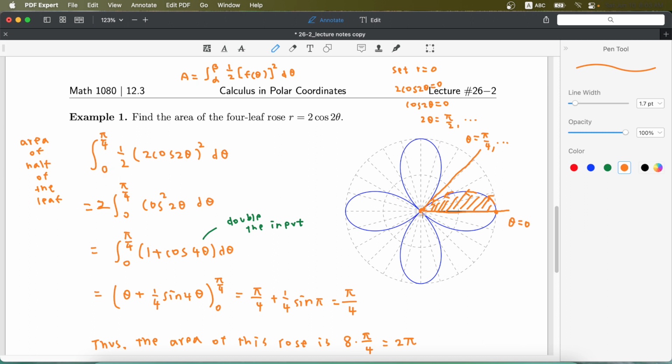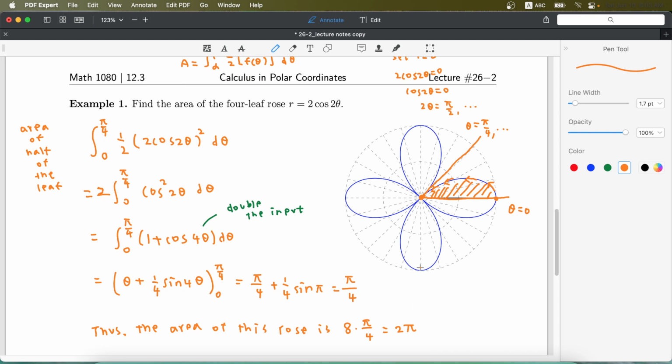Okay, because apparently if you consider the whole graph, you don't know where to start. Okay, so right here we can use the symmetrical property of this graph to find the area of half of the leaf and then multiply by 8. Okay, that will be easier.